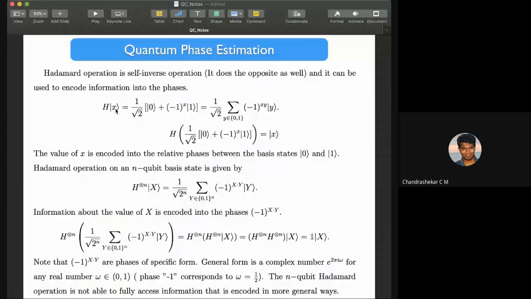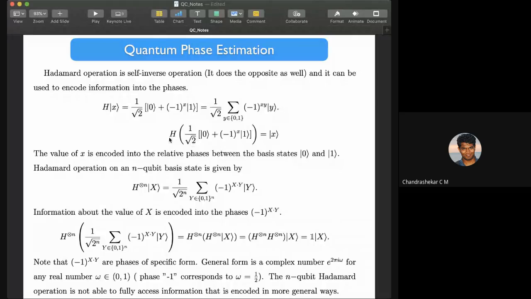If my input x is 0 and my y is 0, then the exponent will be 0. But if my x is 1 and y is 1, the exponent will be 1 and the minus 1 term will come in. So the same state can be rewritten in summation form with only variable values, without any explicit fixed value for vector notation, right?